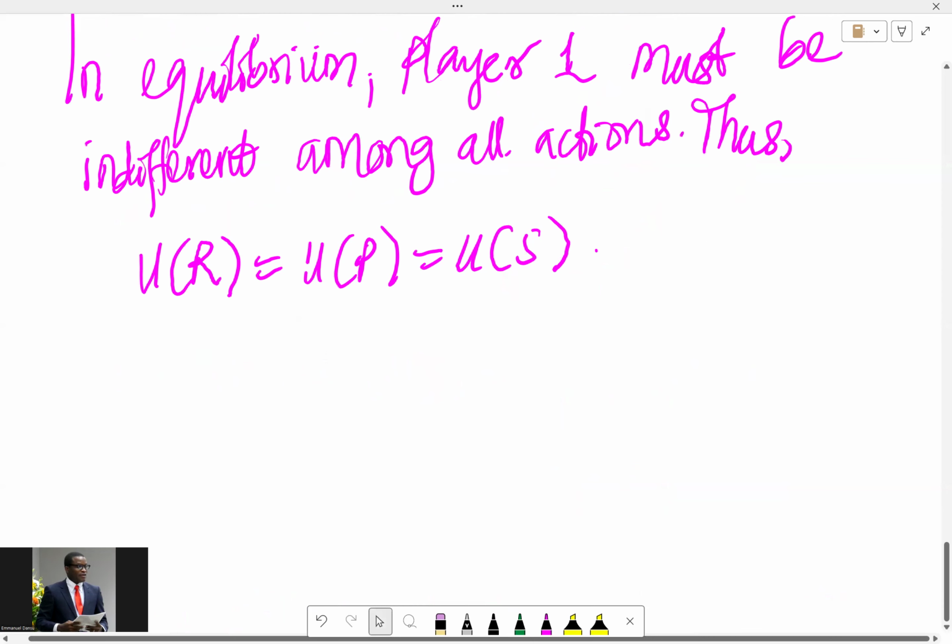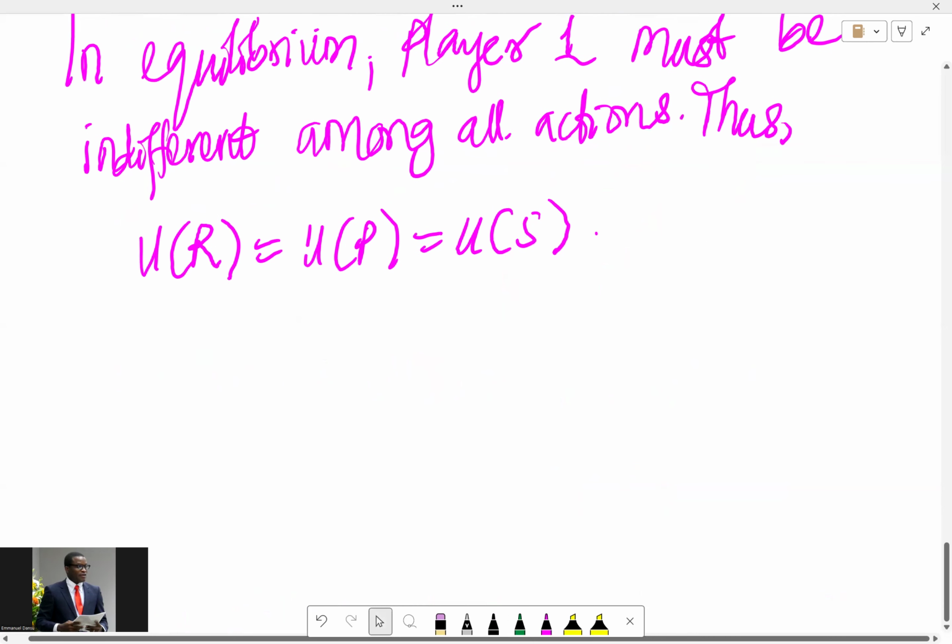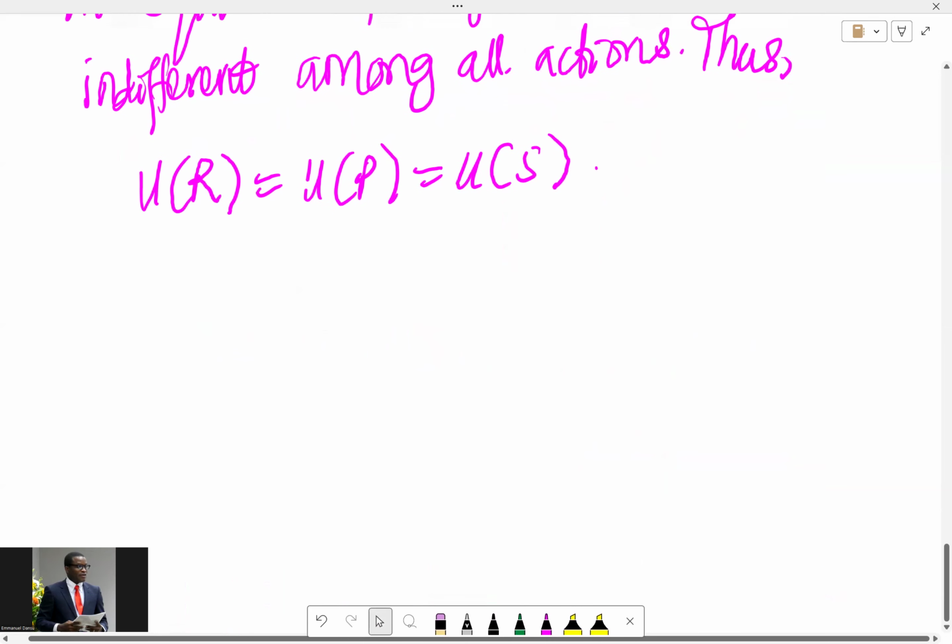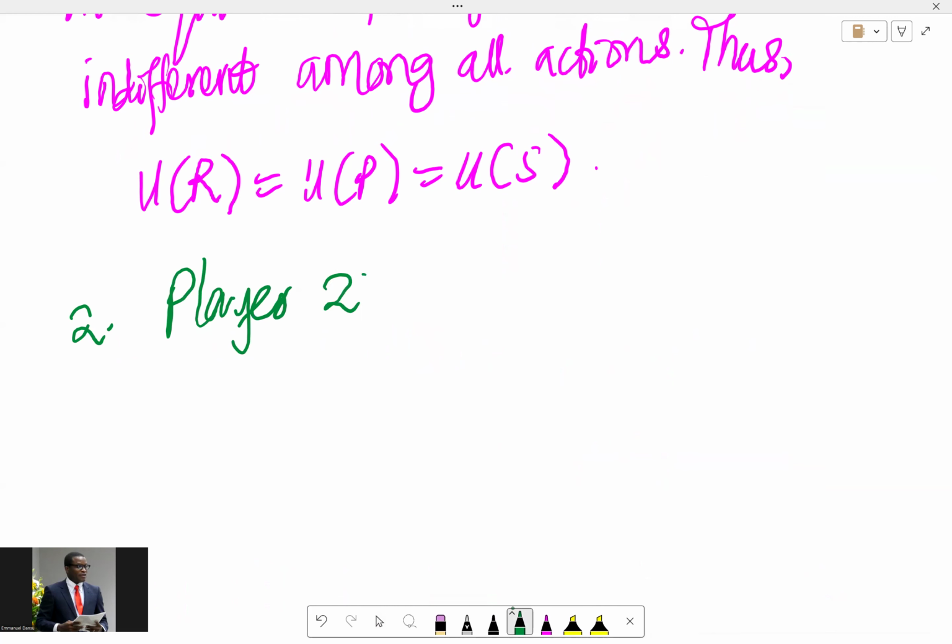But before that, whatever is happening there is exactly what is going to happen with player two's payoff, depending on player one's activities. So let's look at player two's expected payoff. Exactly the same thing.